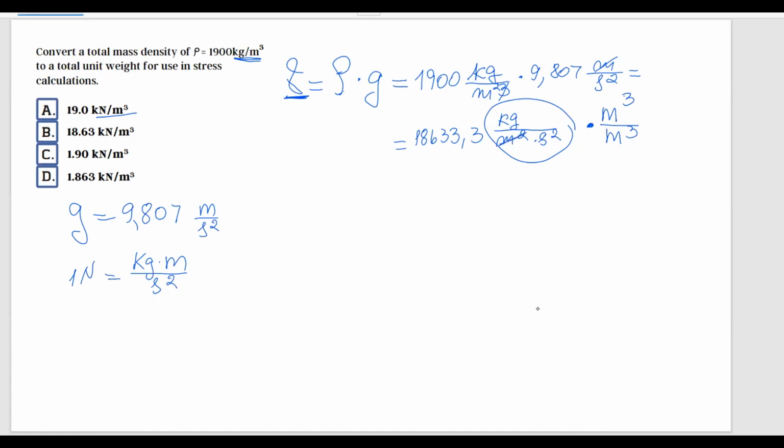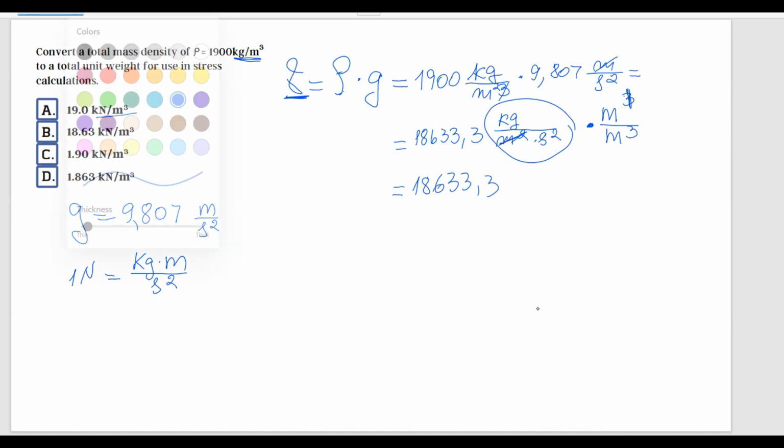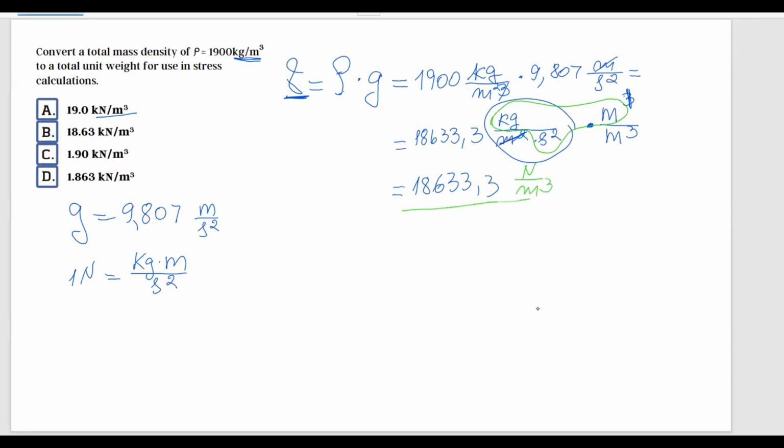Now I'm going to get rid of these meters at the bottom, and I can rewrite this as 18,633.3 kilograms multiplied by meters over seconds squared. This is equal to 1 Newton. So I have Newton over meters cubed.